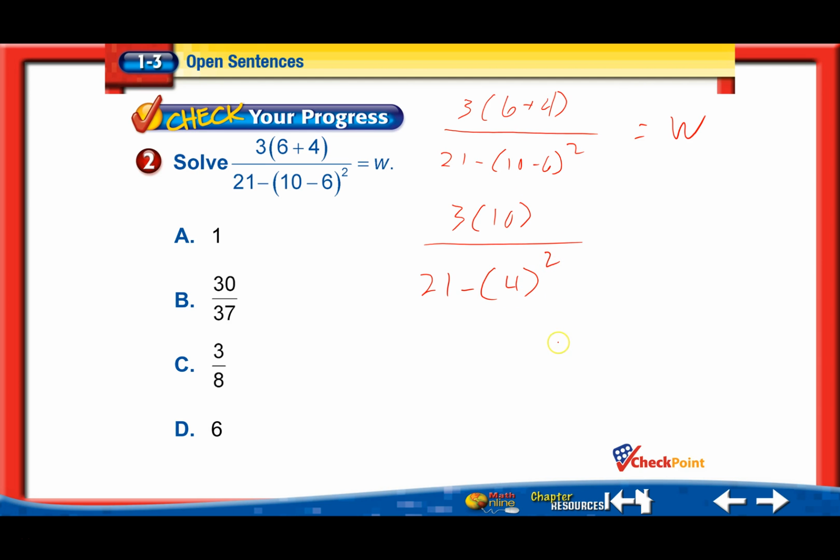Keep my squared. From here we're going to multiply this one out: 3 times 10 over 21 minus 16. Now let's do these really fast. 30 minus 16 is going to be 5, so everything's still positive. So that's going to equal 6.